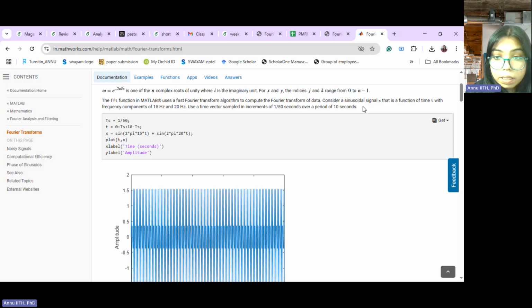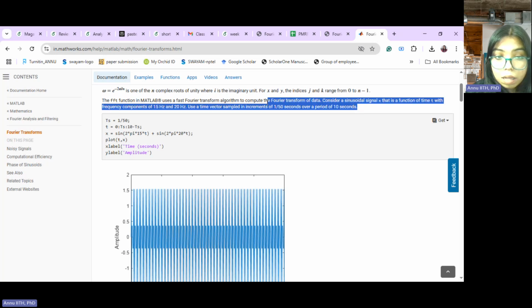Consider a sinusoidal signal x, that is a function of time t, with frequency components 15 hertz and 20 hertz. Use a time vector sampled in increments of 1 by 50 over a period of 10 seconds. So 1 by 50 is actually Ts, the sampling period. Sampling is nothing but a switch.